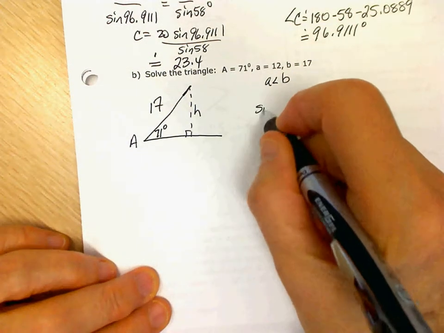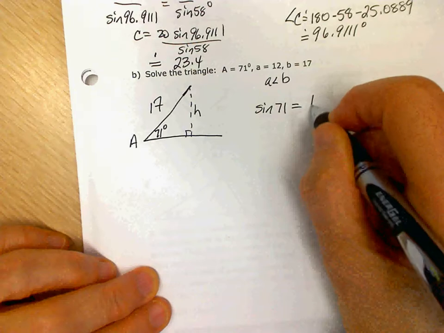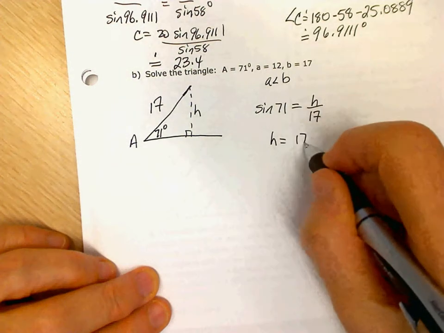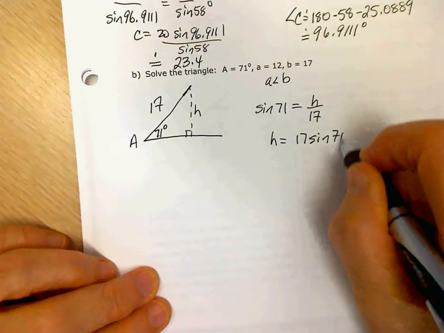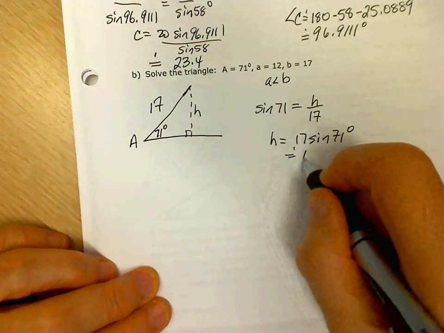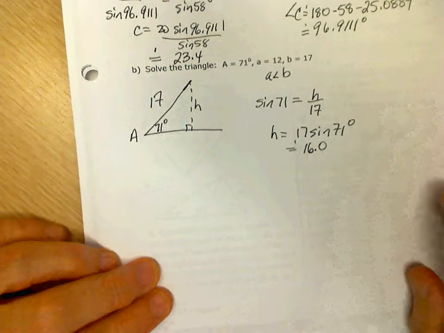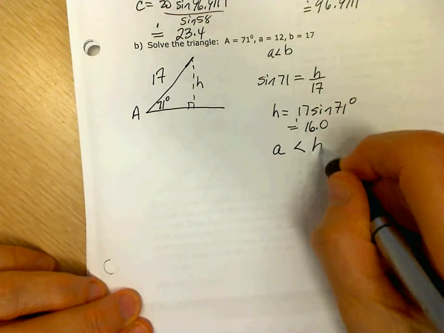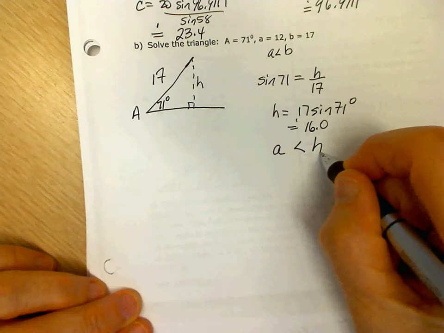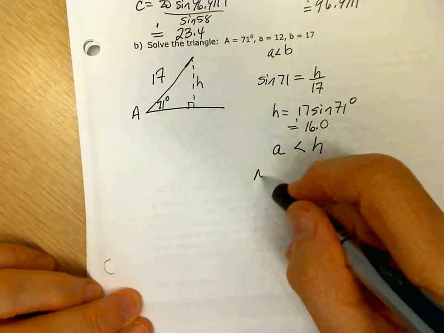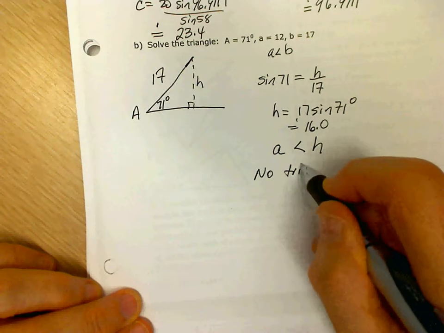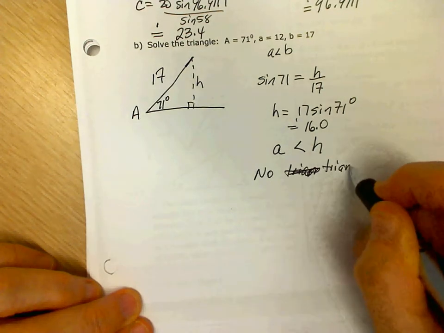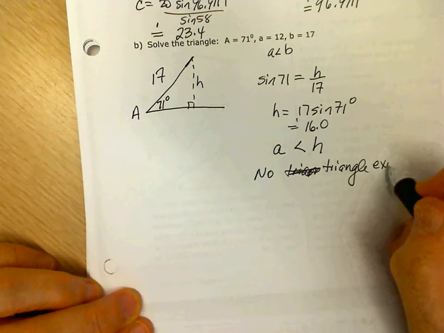Sine of 71 equals opposite over hypotenuse. H equals 17 sine 71. And that's approximately, you're right. A is less than the height. No triangle. Good. There's less work.